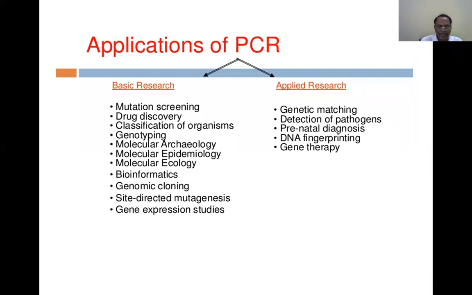Another is prenatal diagnosis, by amniocentesis or villi sample: harvest a few cells, then DNA is harvested, multiplied, and the disease diagnosed.